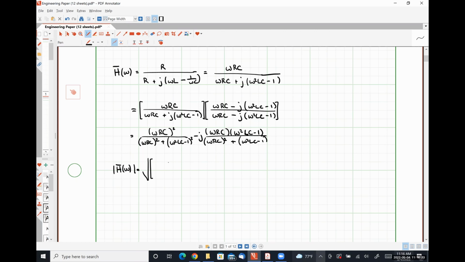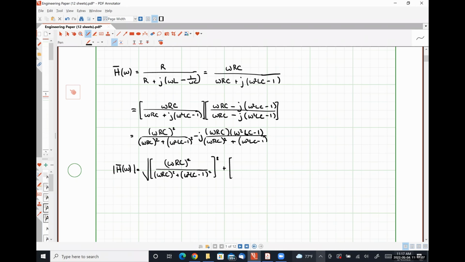So that's going to look like omega RC squared divided by omega RC squared plus omega squared LC minus 1, this guy squared, close that off and square it.